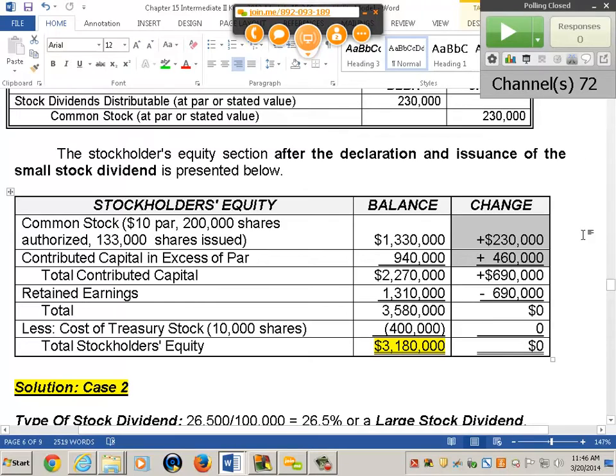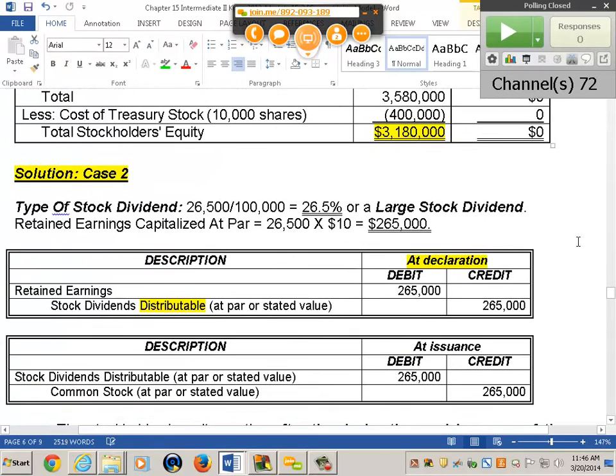All right. Now, the large stock dividend case. This simply means that I've got a stock dividend now of 26.5 that exceeds the materiality level, and now we're saying it's over 25%, so the decline in market price will be significant.